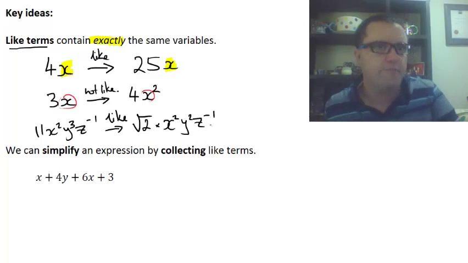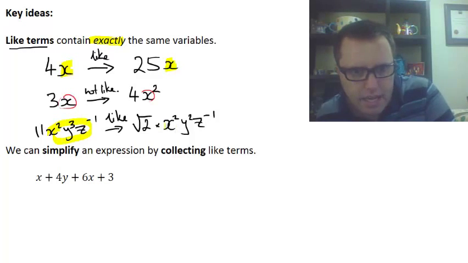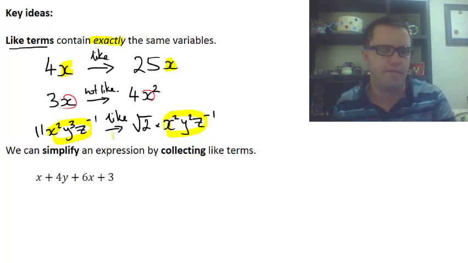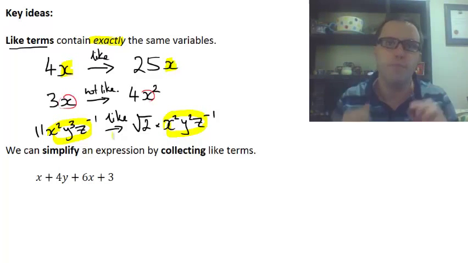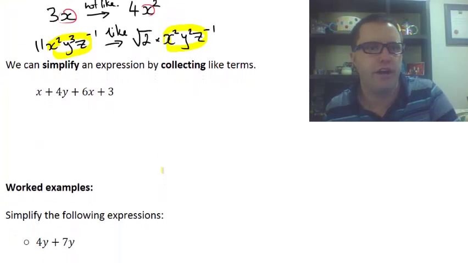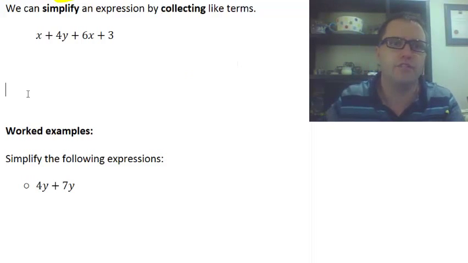They are like terms because they have exactly the same letters with exactly the same powers and everything, okay? Super, super important, okay? Right, we can simplify an expression by doing this thing called collecting like terms.